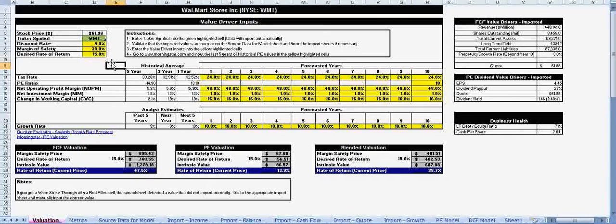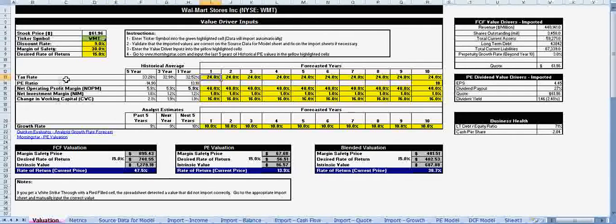I describe all these value drivers in the material that comes along with this model, and give you a description of how to use it and the calculations behind both the discounted cash flow and the PE valuation, as well as some reference material that you can dig into if you prefer some additional information. But everything you need comes with this model.